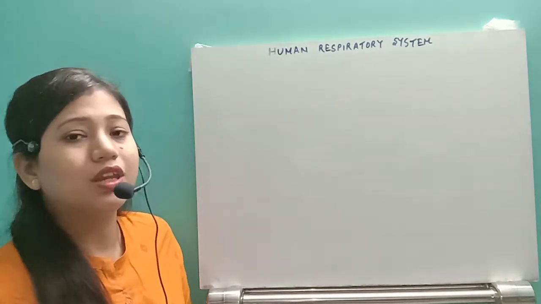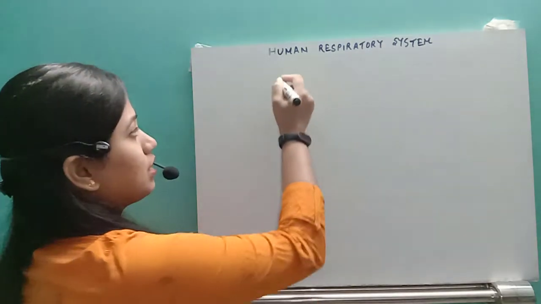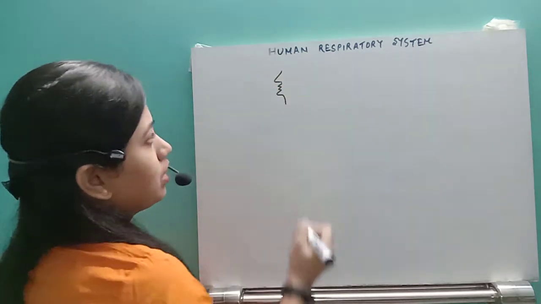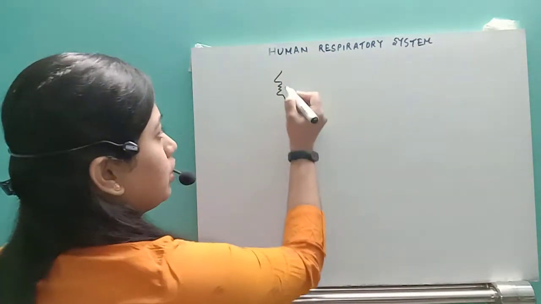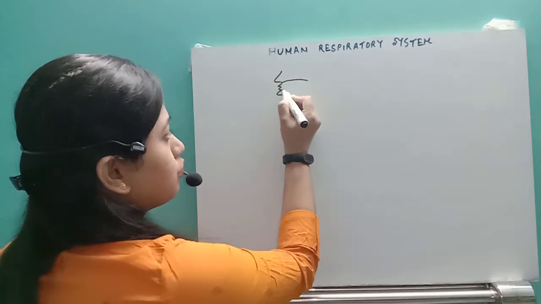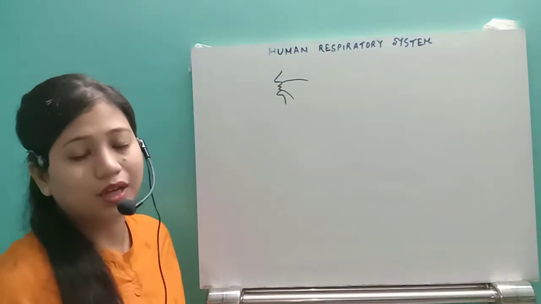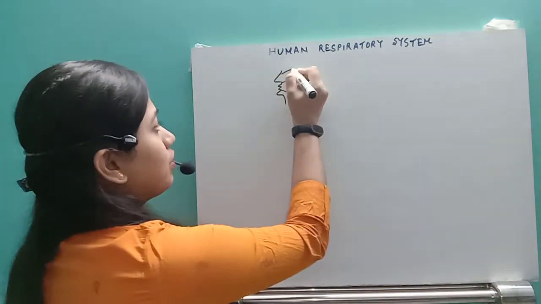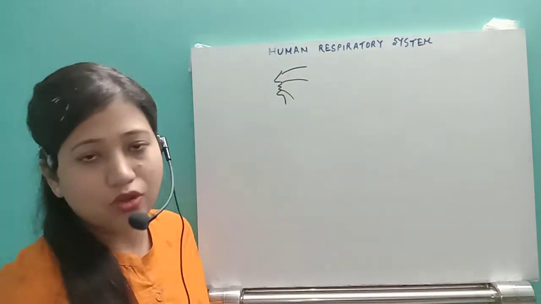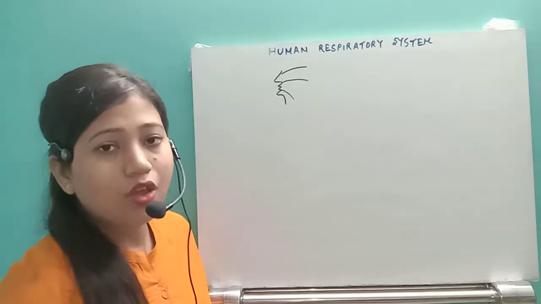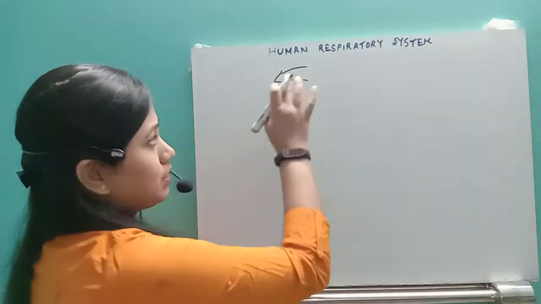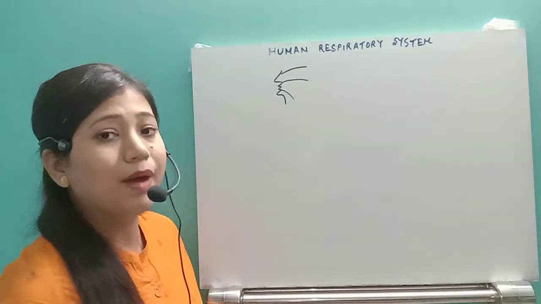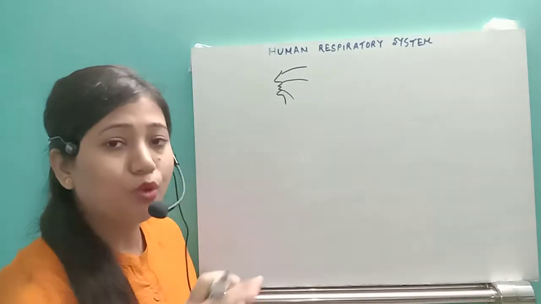So first of all, let us see the first part. Remember that here we have two chambers. One is the buccal chamber or buccal cavity, and above it we have the nasal chamber or the nasal cavity. The nasal chamber is separated from the buccal chamber by a hard bony structure.